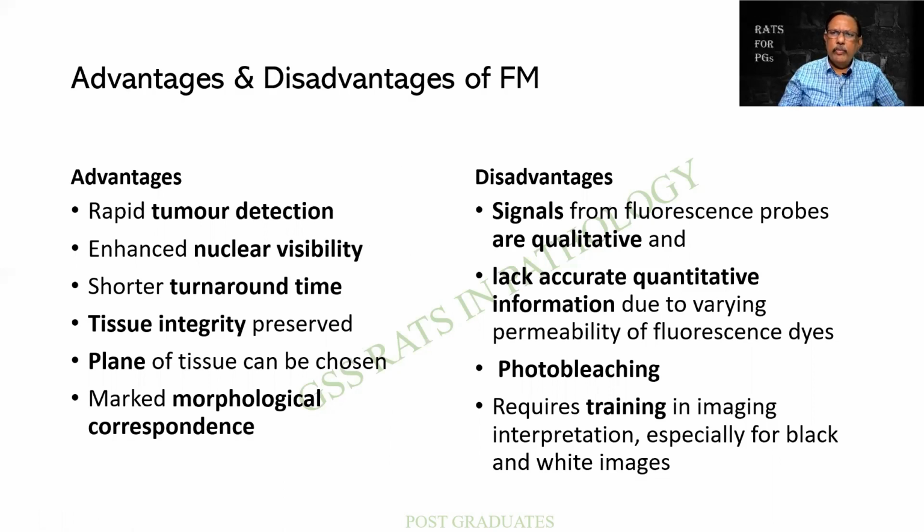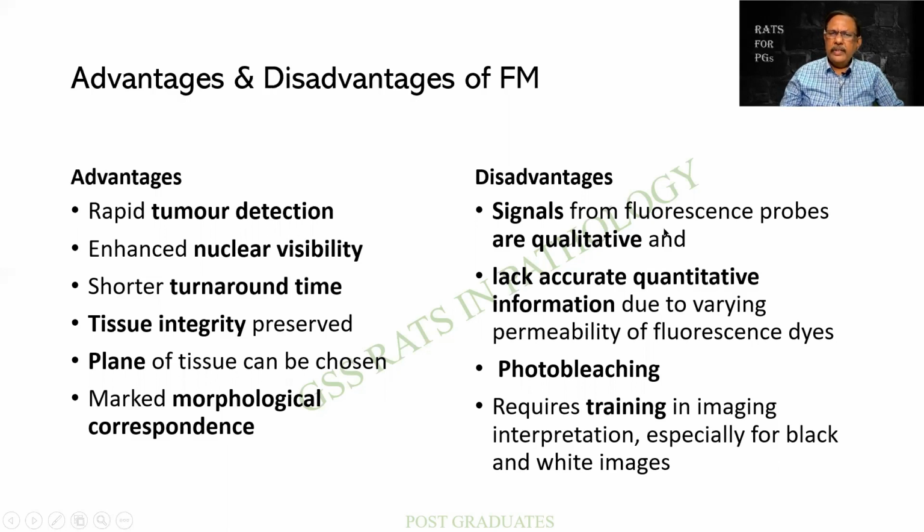So a rapid tumor detection when the patient is on the table, or for a graft rejection, for a better nuclear visibility, to understand the tissue integrity or invasion. The plane of tissue can be chosen or changed, and there can be a morphological correspondence to the actual picture that we are seeing in the light microscope. To some extent we can imagine. So these are all some of the advantages.